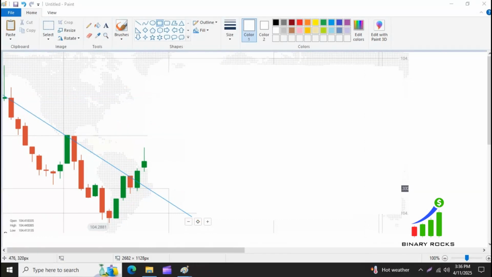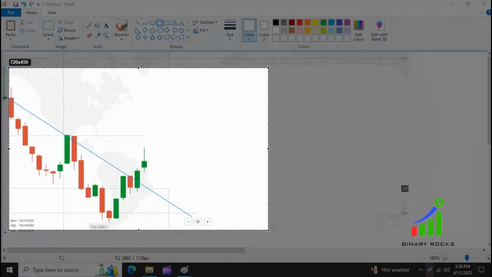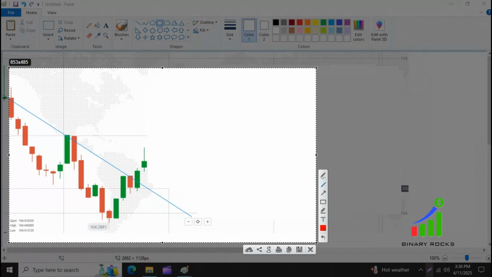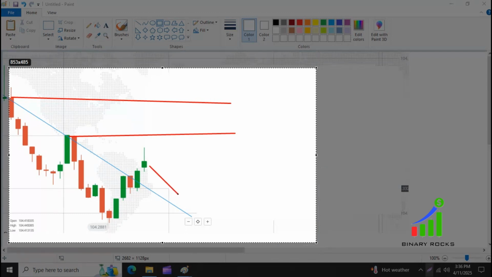Here, you don't have any levels, and the next level is far, which means my next resistance is here and my next resistance is here. So the market is in the middle of the trend. In the middle, when you get this kind of sign, it is a continuation sign, so easily you can go with buying candle. So I will go with buyers here.